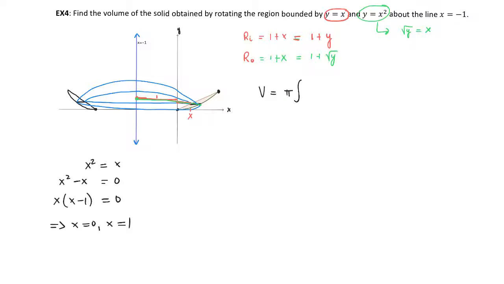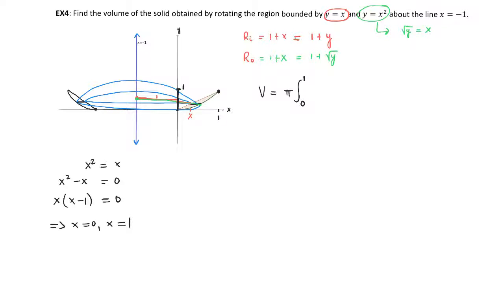So I know that this value is going to be equal to 1, which means that the y value, when x is equal to 1, 1 squared is 1. So that's going to be 1 as well. That means we're going to be going from 0 all the way to 1, and I'm thinking about that in terms of the y-axis.